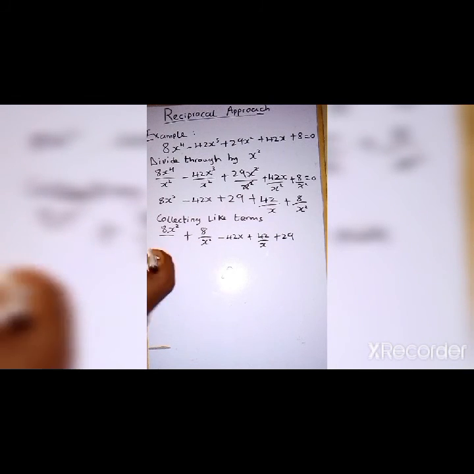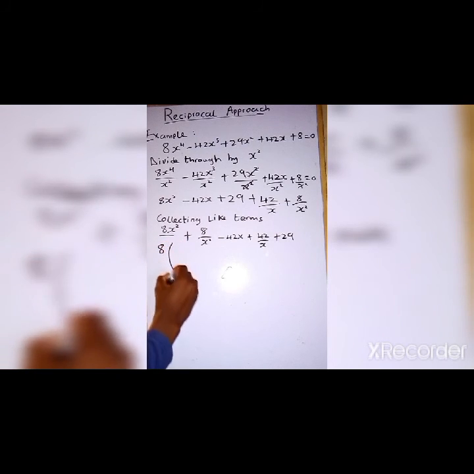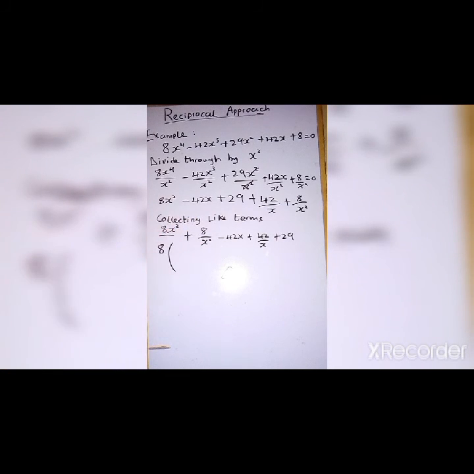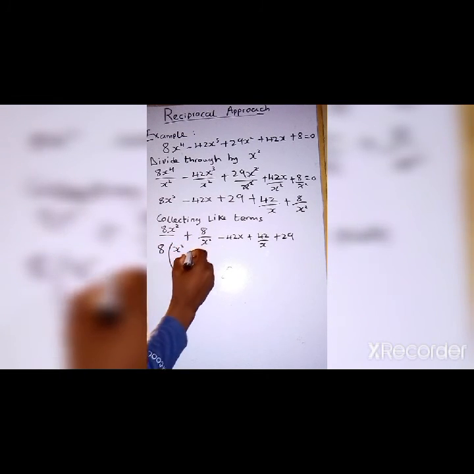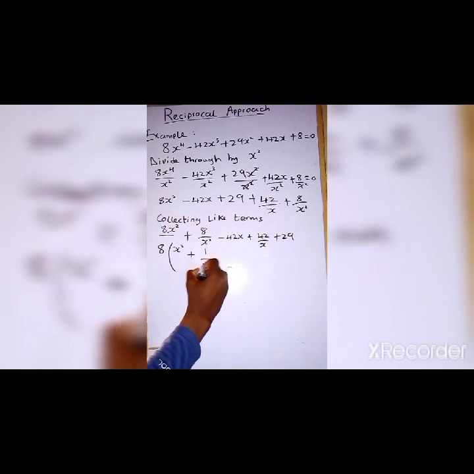Right? So now the next thing is we factor out something that is common. What's common here? We have 8. 8 is common to both terms, so we bring out 8, we have x squared plus 1 over x squared.